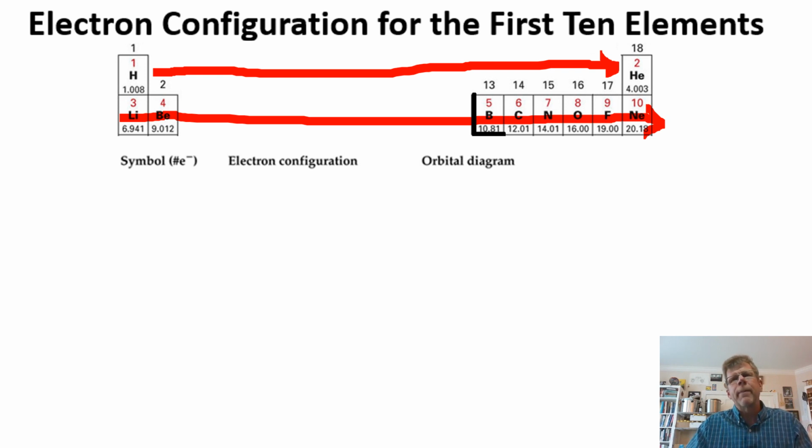Since we're talking about atoms of neutral elements that we're going to be giving electron configurations for, and in a neutral atom we must have the exact same number of protons as electrons, we can use our atomic numbers, which normally designate the number of protons, as the number of electrons that we have to work with in this special case.